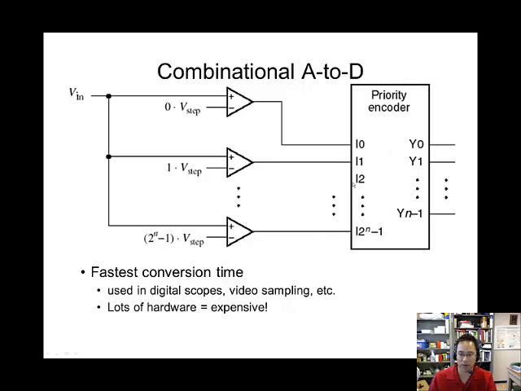So it's basically a single bit to binary converter. Combinational A to Ds like this have the fastest conversion time because everything happens in parallel, but they're pretty expensive to make, and so they're used sparingly because they require lots of comparators.